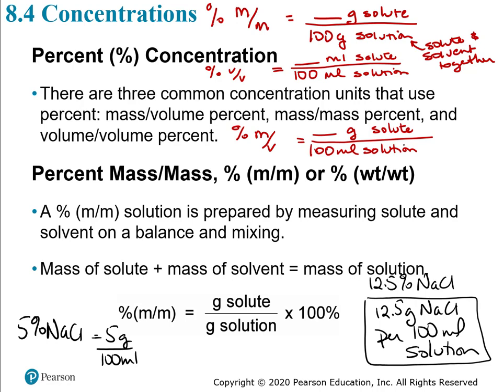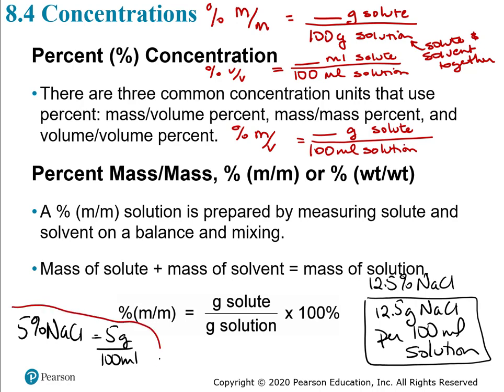So that's like what we did in lab when you made 5% salt, 10% salt. You weighed out a solid salt, sodium chloride. You put it in the graduated cylinder and you added water to make that 100 mils of solution. That's what they usually think of as mass to volume. But those are all possible ways of describing the percent.